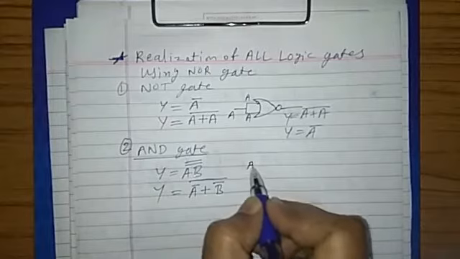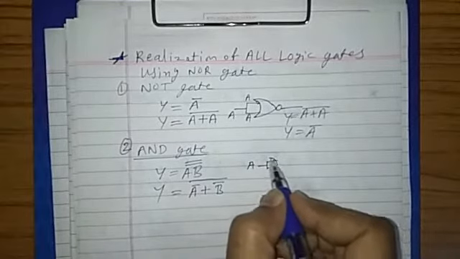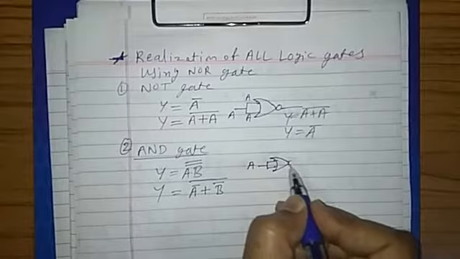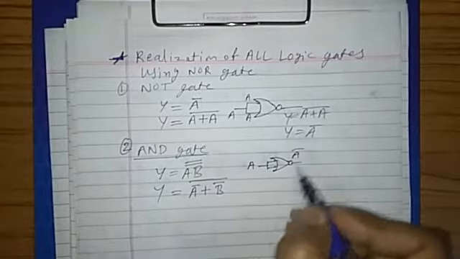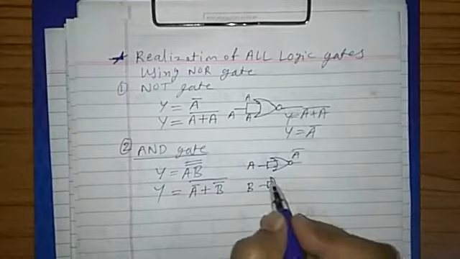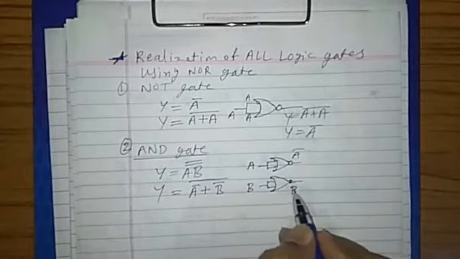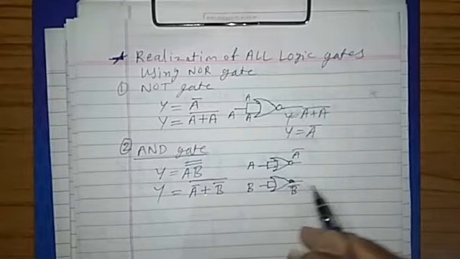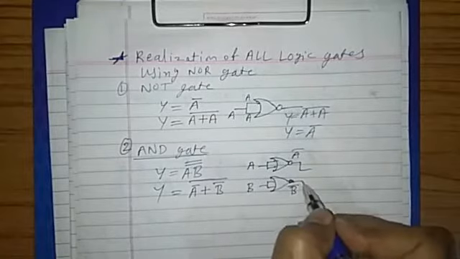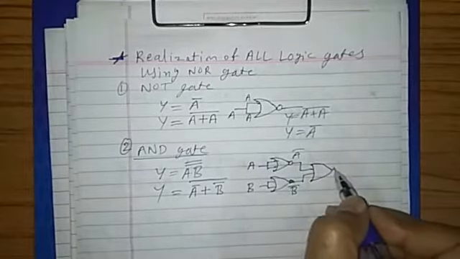Therefore A, short the inputs of the NOR gate, and I get A bar. Similarly B gives B bar. Now these are connected to the inputs of the NOR gate.